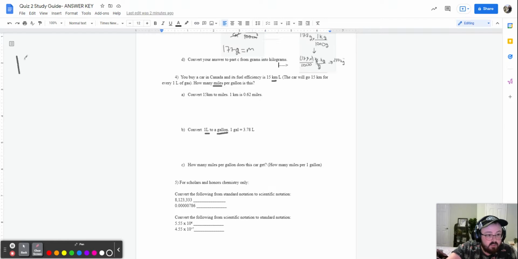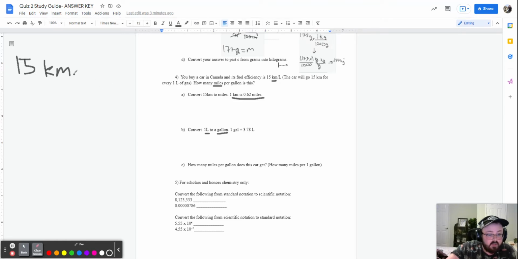So let's start off. Here is our 15 kilometers. That's what we're trying to convert. And I will give you this ratio. The only things I'm going to have you remember are those things I talked about earlier, right? I will give you any type of conversion that's not base 10, that's not metric prefixes.